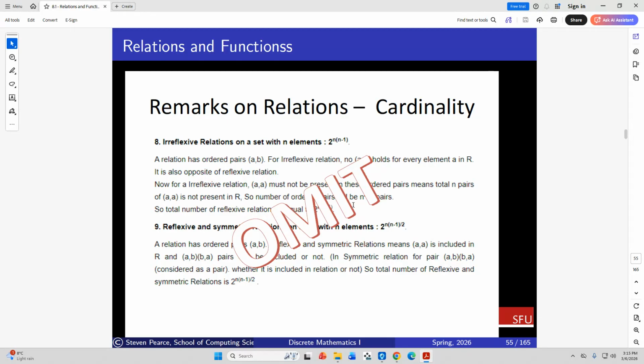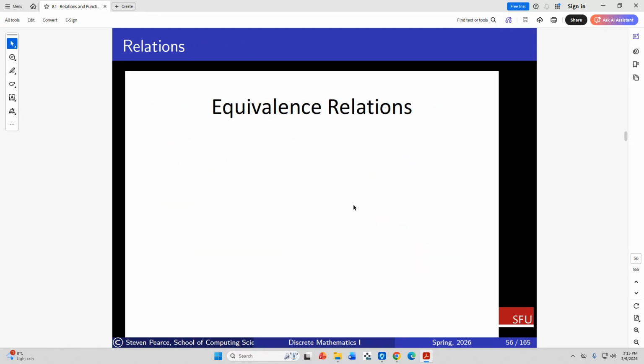And irreflexive, reflexive. Now, let's talk about equivalence relations. Don't forget that we had reflexive, symmetric, and transitive. Those are the fundamental classes.